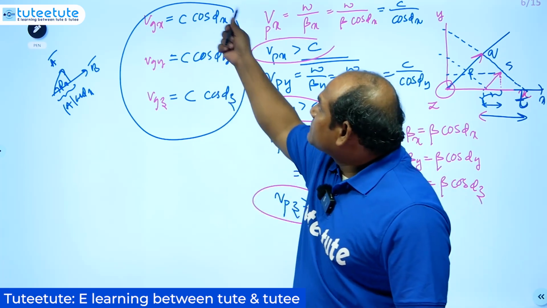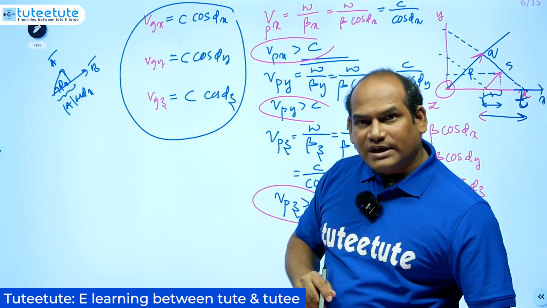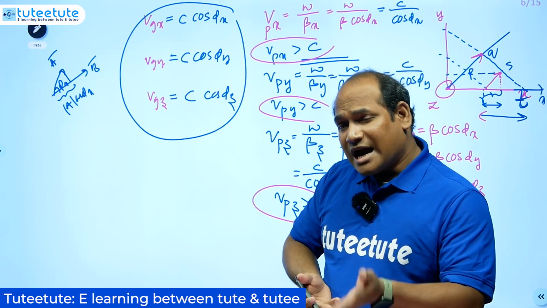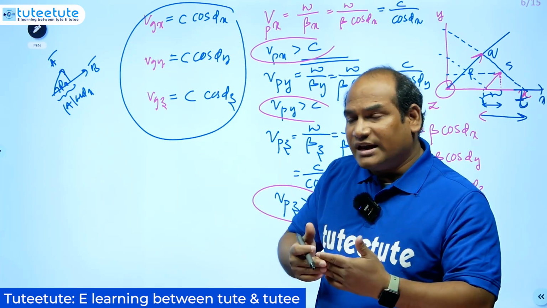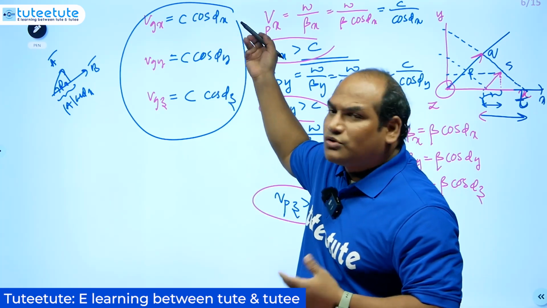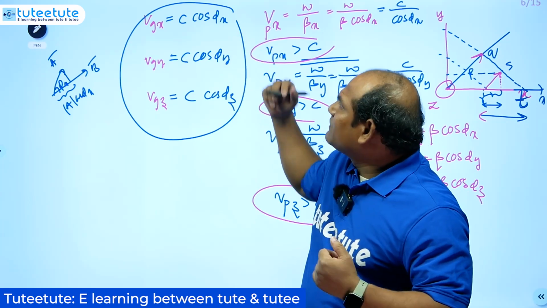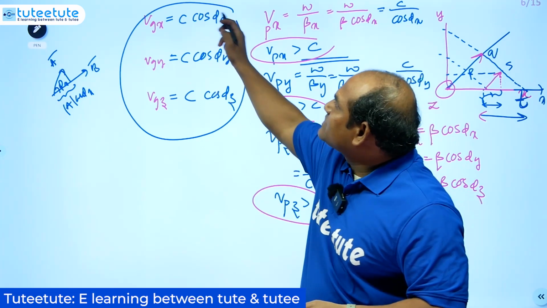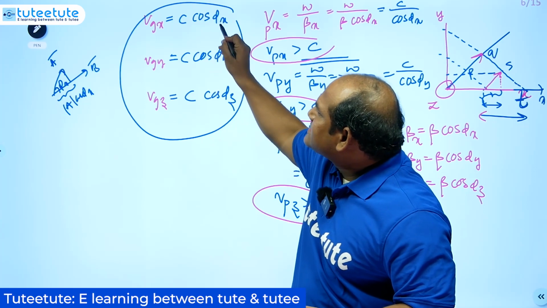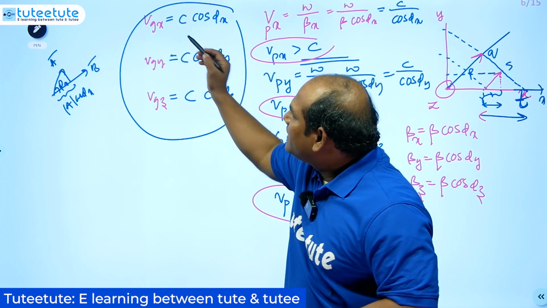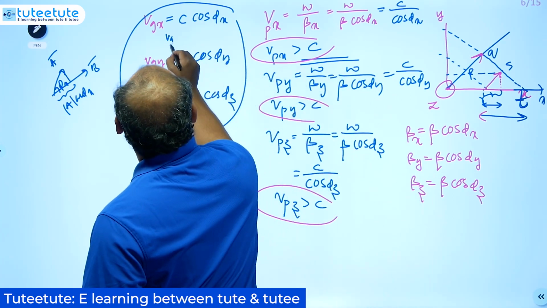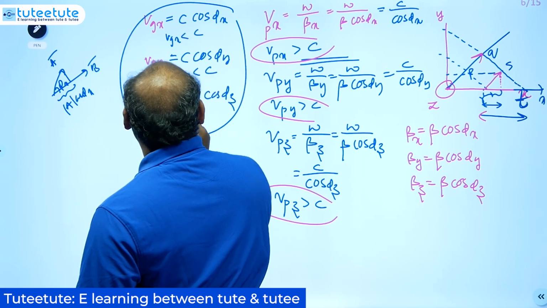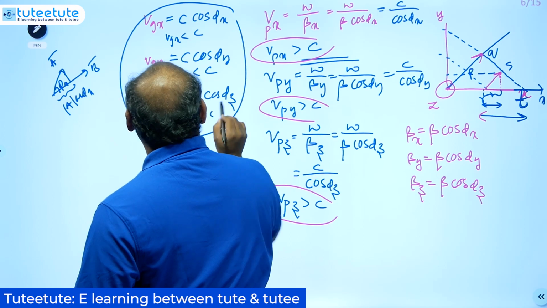Now you see, the cos phi x value is less than 1 only, since phi x is not 90 and not 0, because it is traveling arbitrarily, maybe between 0 and 90. So its value is less than 1. Multiplied with C, we will get Vgx less than C, Vgy less than C, and Vgz less than C.